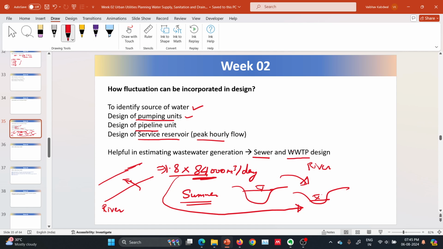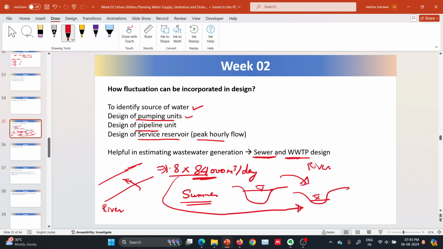At what rate we are consuming, mostly at the same rate we are generating the sewage, or wastewater, from our households. So we need to design the sewerage system and wastewater treatment plant accordingly.